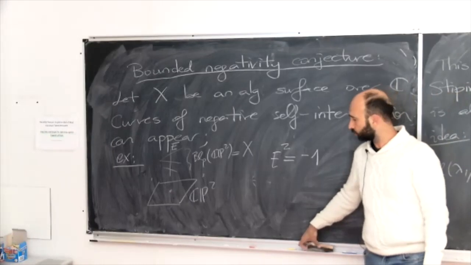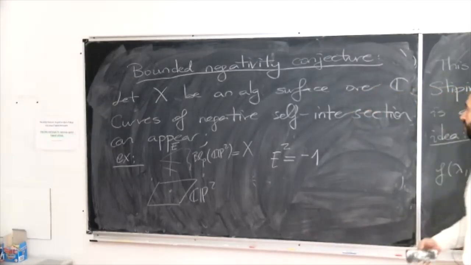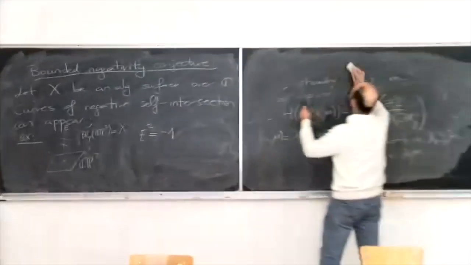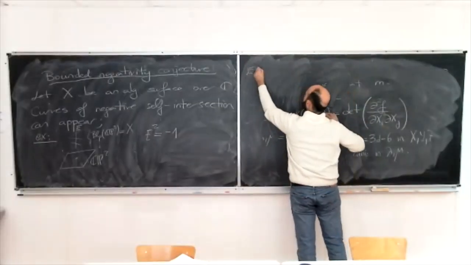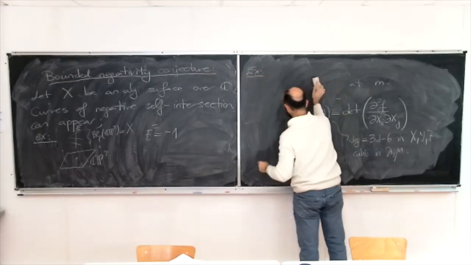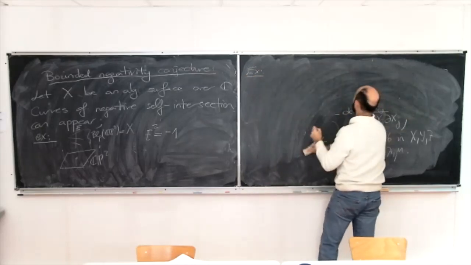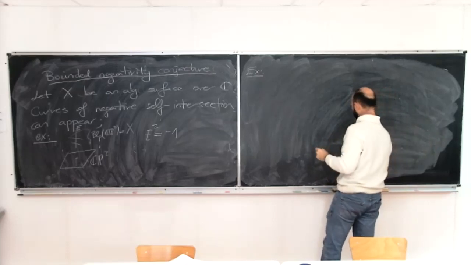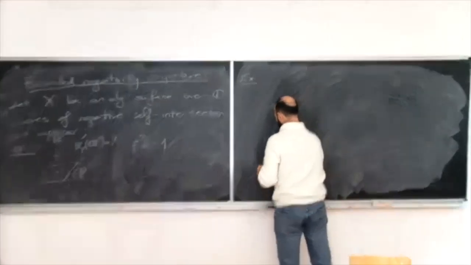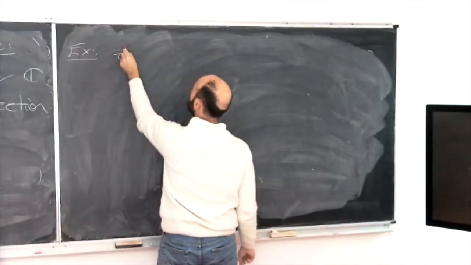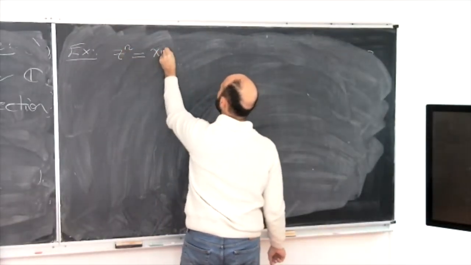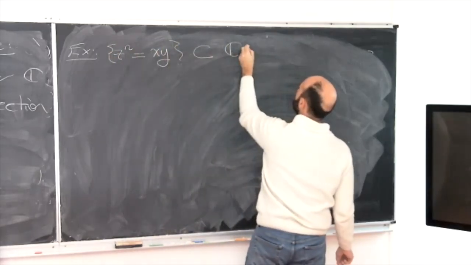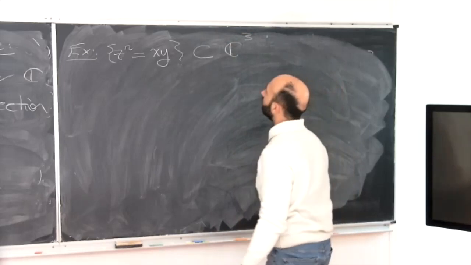Another nice example would be to resolve a singularity, a singular surface. So let's do this for a certain type of singularity. Let's say we have the singular surface z to the power n equals xy, visualized as some affine surface inside C cube.